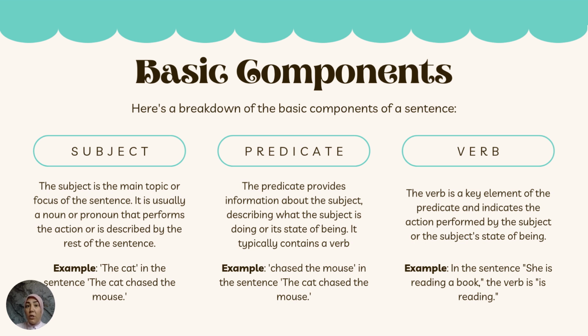Did you pay attention? Not only the verb is predicate here. Chased the mouse is the predicate because predicates must show what happened to the action, to the subject of the sentence.